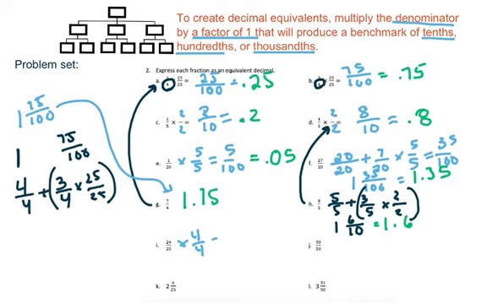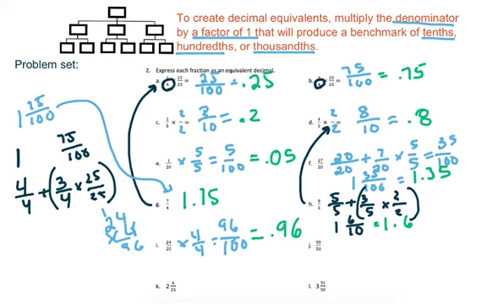So 24 times 4 would be 96. 96 over 100, and we write that as a decimal. We get 0.96.